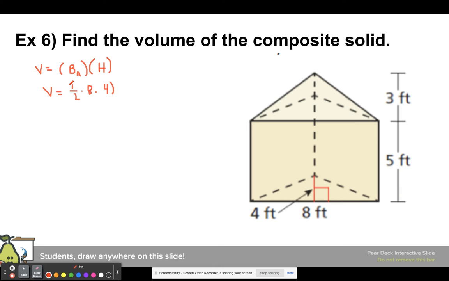There's my equation for finding the area of the base. And then I multiply that by the height of the prism itself, which is 5 feet. That's going to give me a volume of 16 times 5, which is 80 feet cubed.